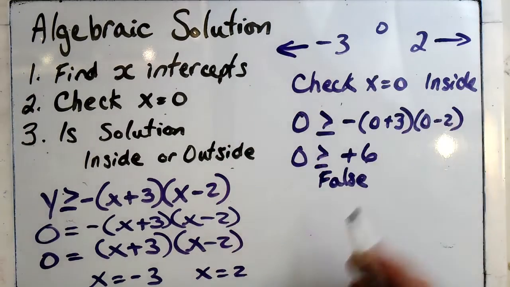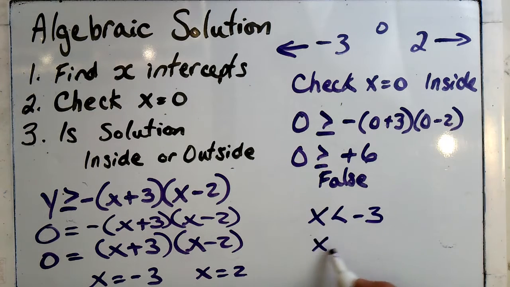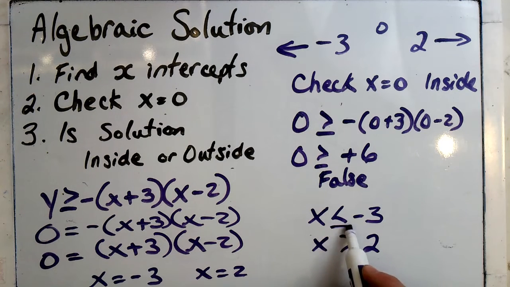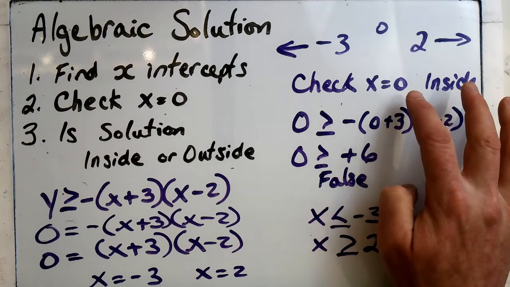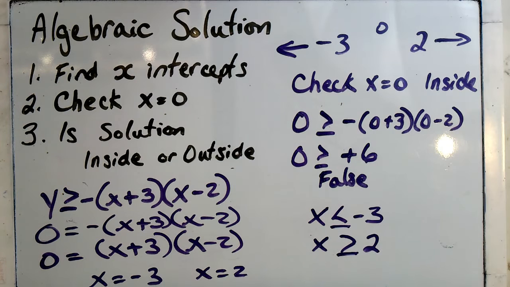We have two different pieces. X is less than -3, and x is greater than 2. And one thing we need to check, we go back to the original and we have an equal sign in the original equation. So I need equal signs on both of these inequalities. So find the intercepts, check 0, whether it's inside or outside, and then find the solution based on that.